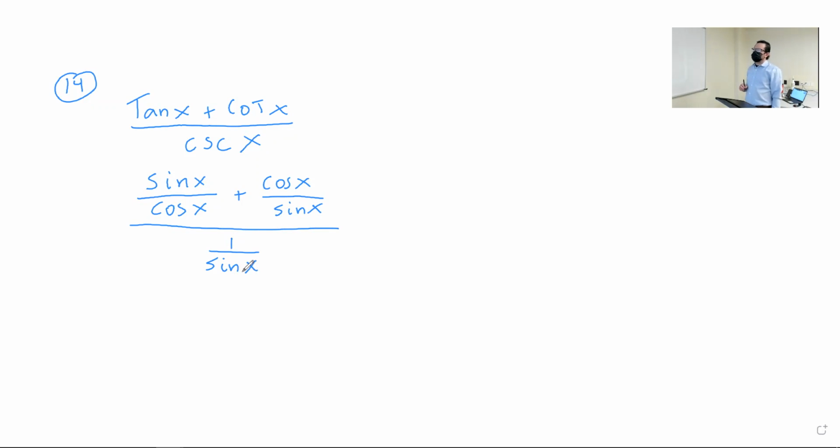And so always when we have fractions, we're going to try to join the fractions, okay? In the case of the numerator, I'm going to grab a common denominator, which is going to be cosine multiplied by sine.